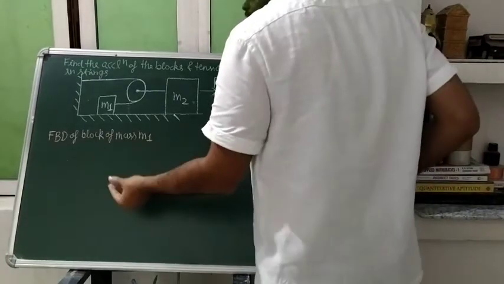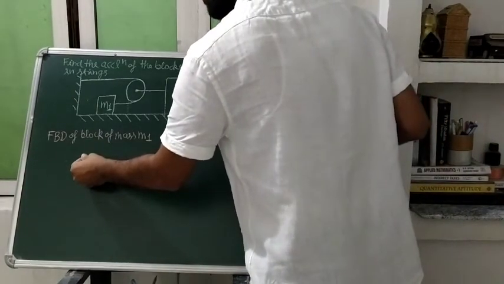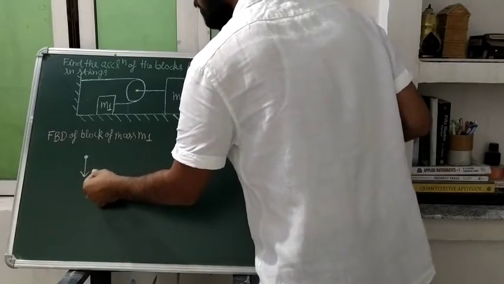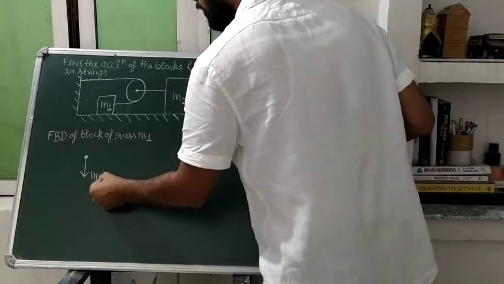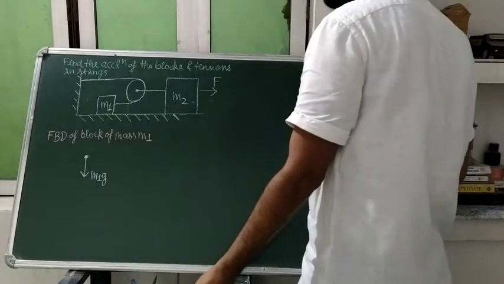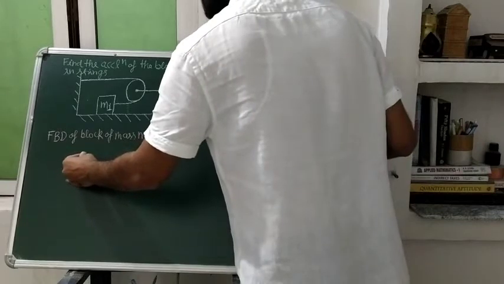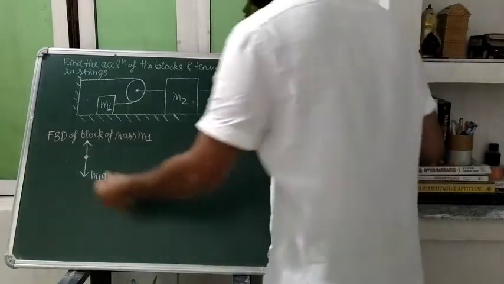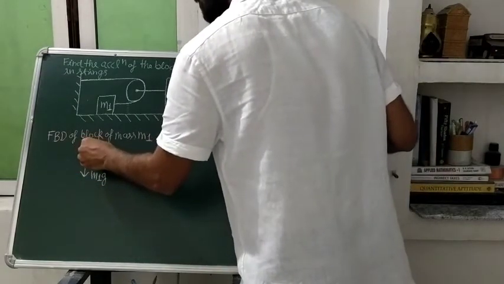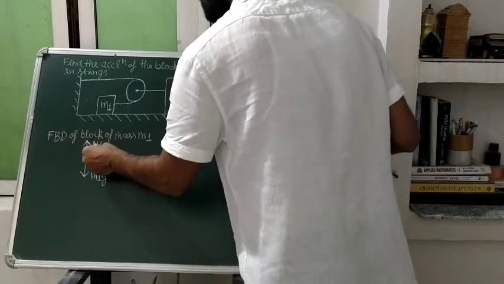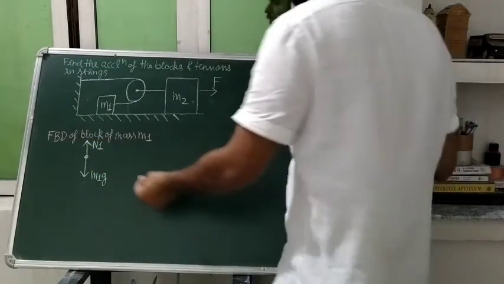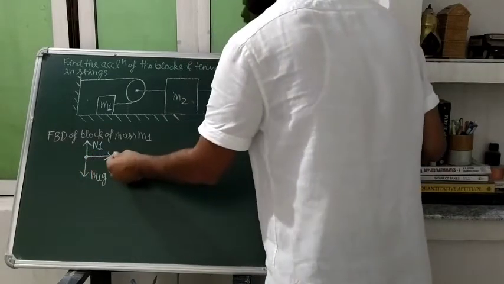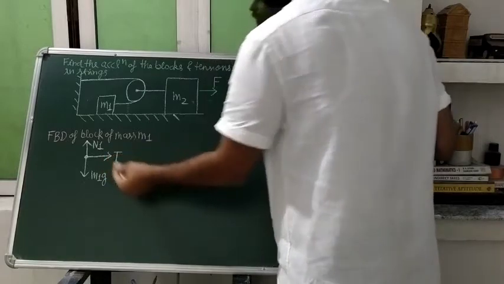When we look at m1, the force due to gravity, m1g, is going to act in the downward direction. Due to the contact, the normal force will act here, which we are calling N1, and of course on this side a tension is going to act.